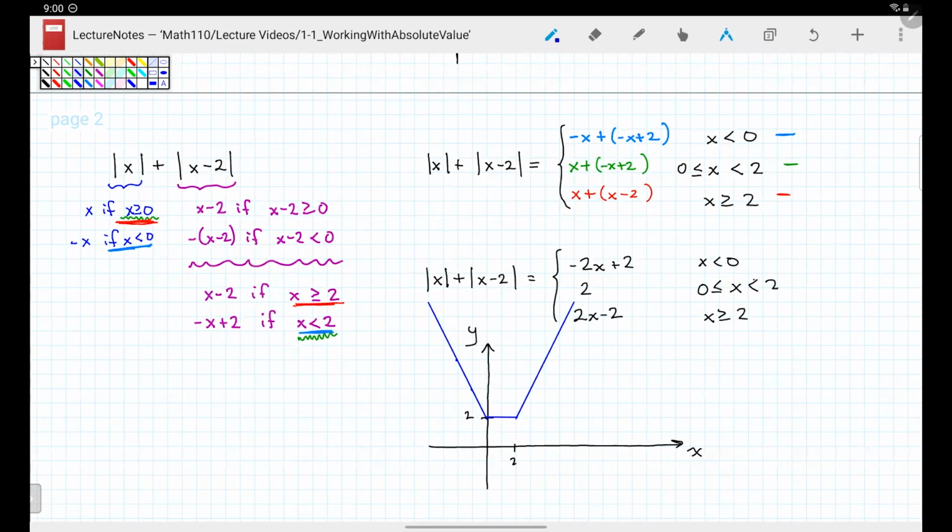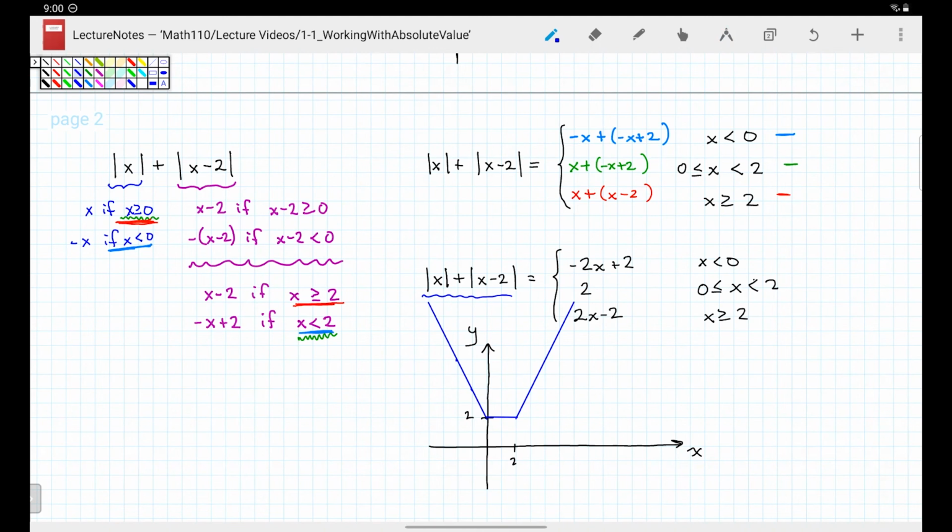Okay. So if you were to encounter the graph of this first and try to figure out how to write a formula for this graph, you would probably come up with this piecewise function, but it turns out you can also write a formula for that graph using the absolute value of x plus the absolute value of x minus 2.